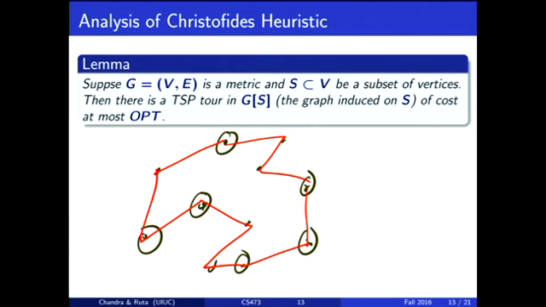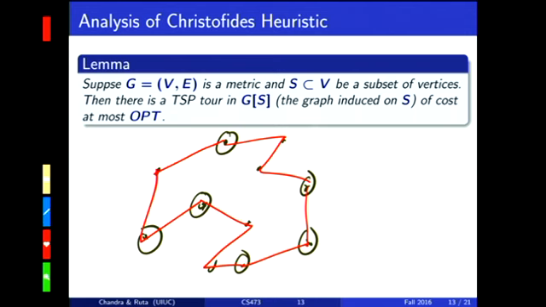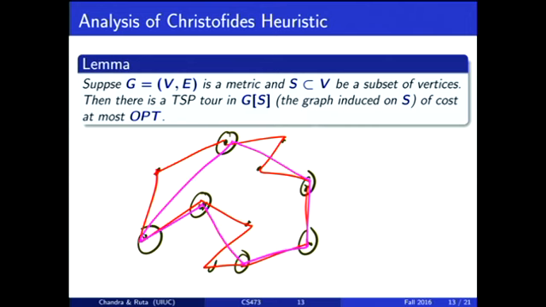And then I say, okay, now I can create the following TSP, right, a tour, which is not going to have any more cost. Here is my new TSP. Okay, I go in the same order. Okay, my claim is the pink tour is no more expensive than the red tour. Why is that?